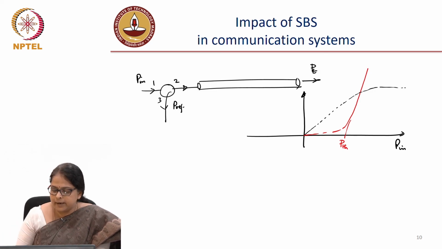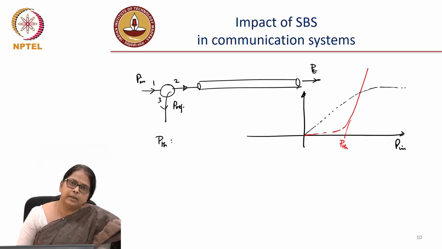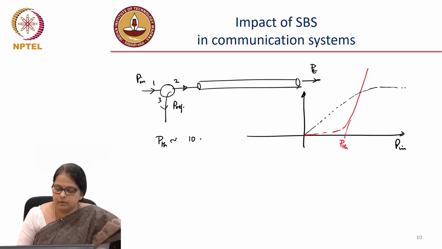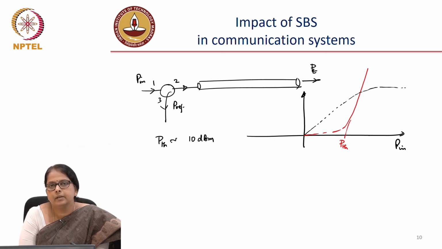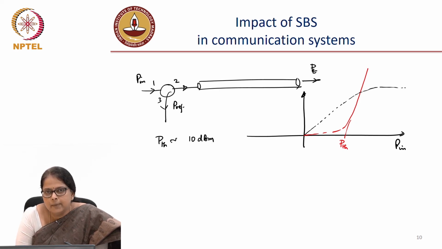Okay, and to give you an idea of this threshold, for an unmodulated source, for a length of fiber of an 80 kilometer kind of span, you can calculate that this threshold comes out to be about 10 dBm.